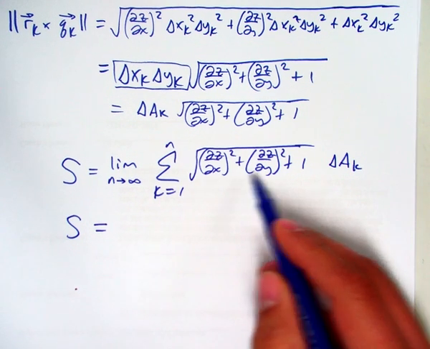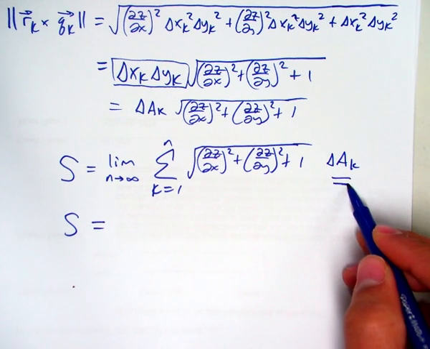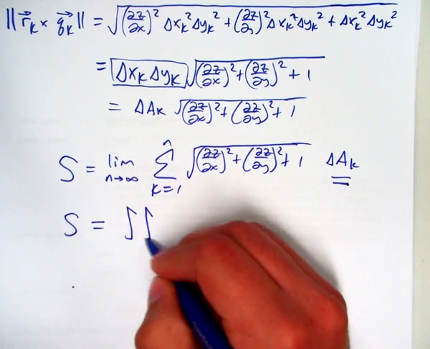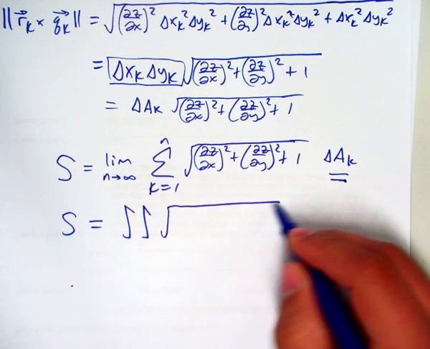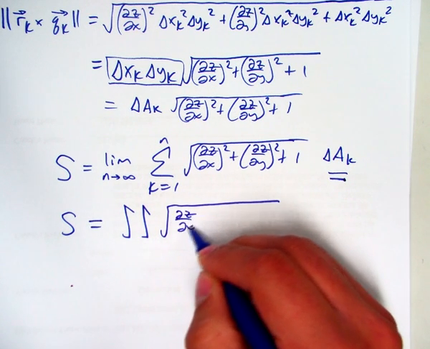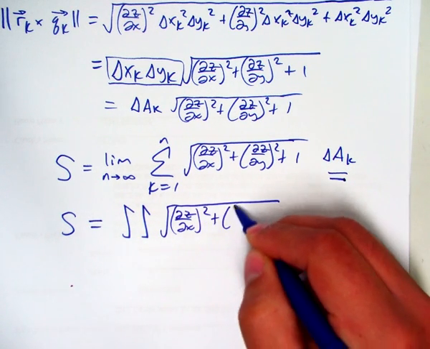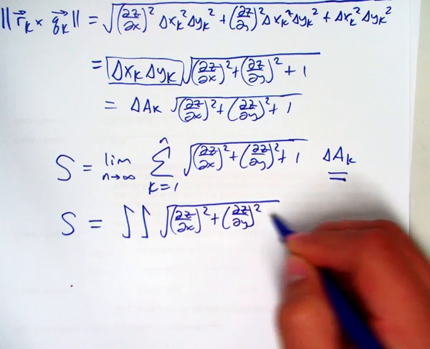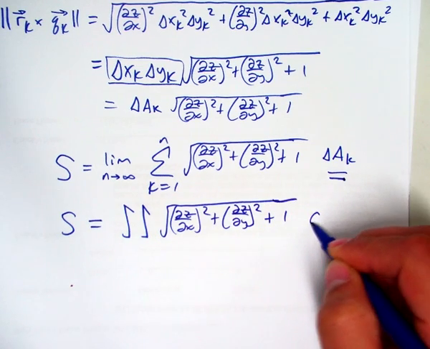This is going to be a double integral because we have an area out here, of the square root of partial z partial x squared plus partial z partial y squared plus 1 dA.